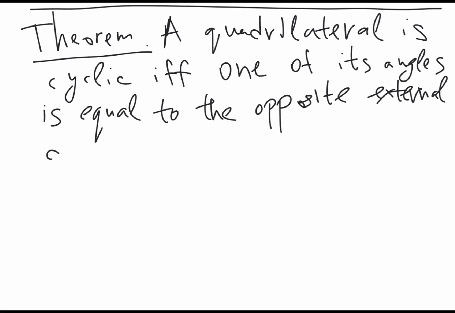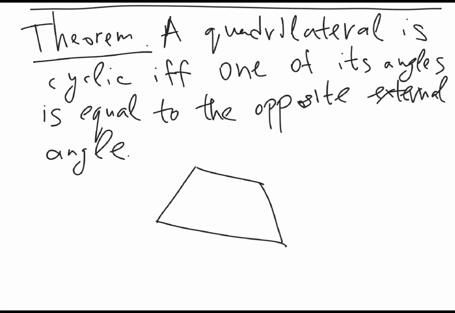External angle. And so to draw this, if this is a quadrilateral, then basically this angle is equal to the external angle at the opposite vertex.